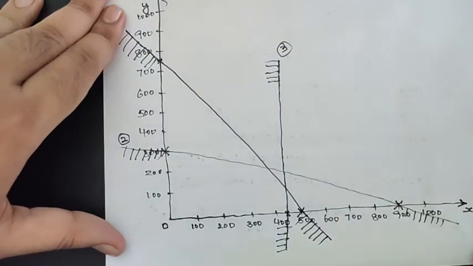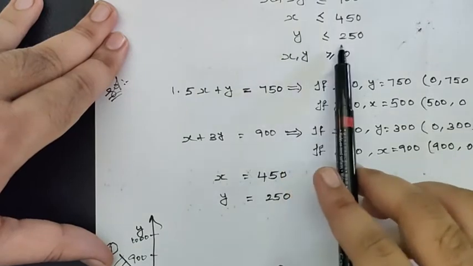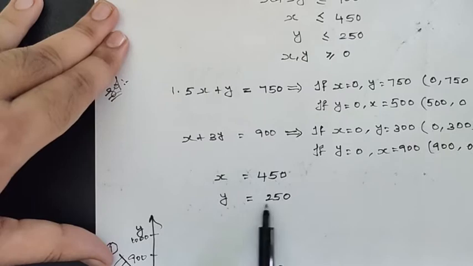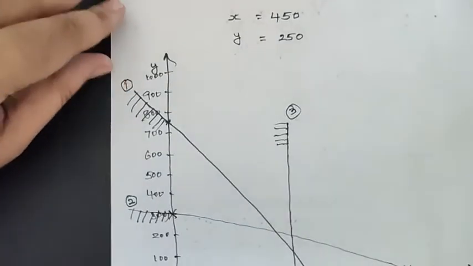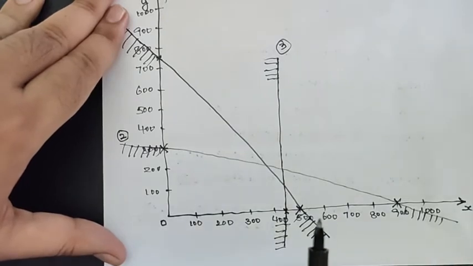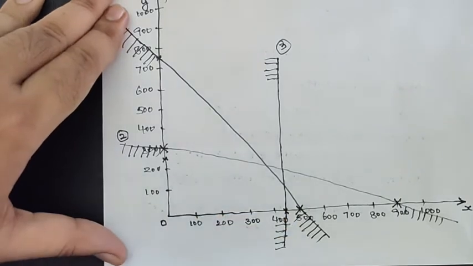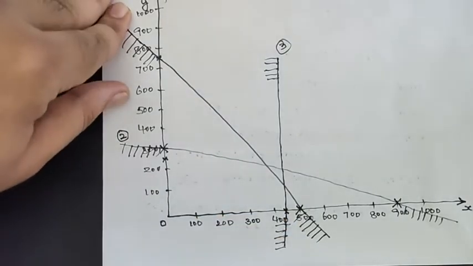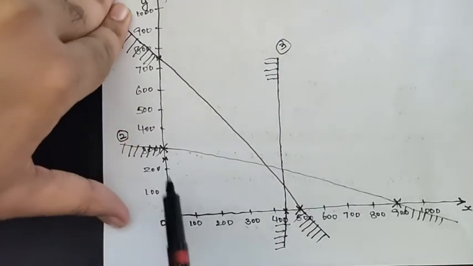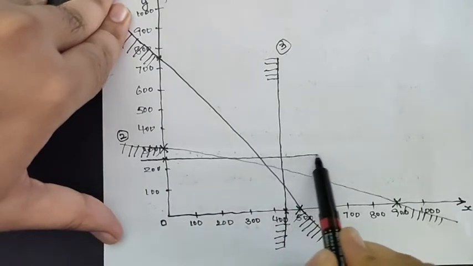Okay. Next, the fourth constraint we will see. What is the fourth constraint? y less than or equals to 250. So if you write it in equation form, that is y equals to 250. So y equals to 250 means for any value of x, y is 250. 250 means it is here, right? It is in the middle of 200 and 300. So draw a horizontal line here, right?